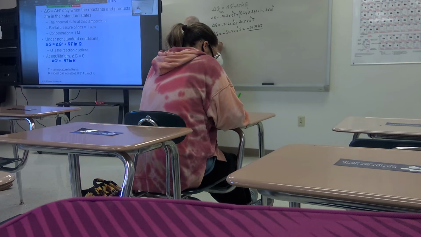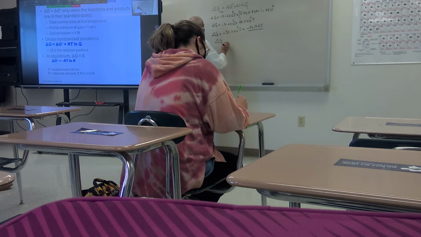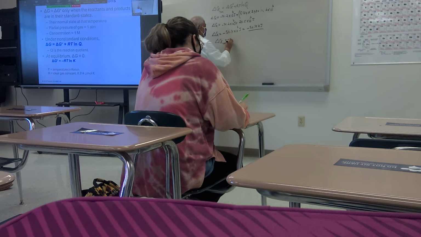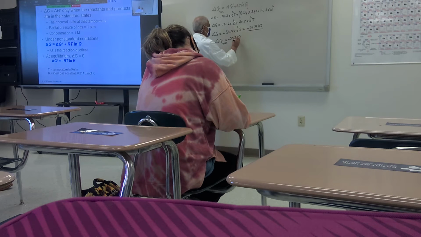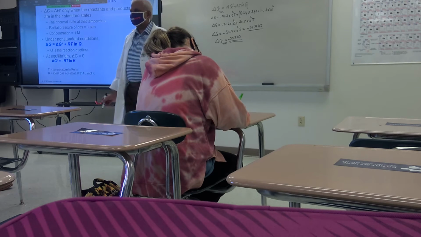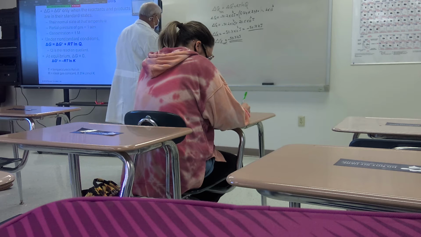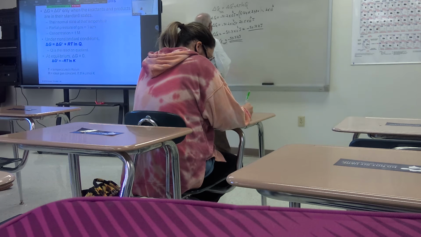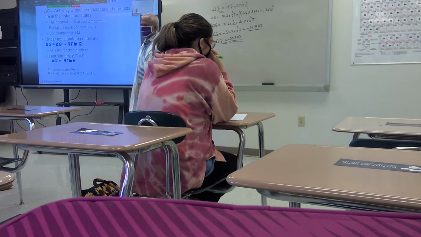So therefore, the Gibbs energy change of the reaction is a negative number, 50.7 kilojoules. Because it is a negative number, this is a spontaneous reaction. Okay? This is using Qp. Now, before reaching the state of equilibrium, this is the situation.